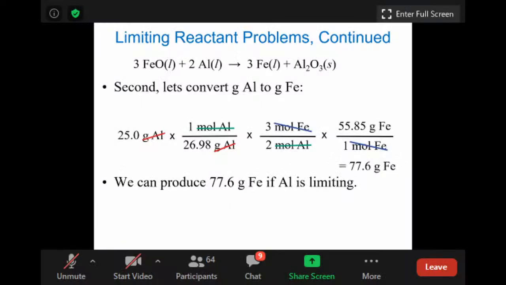So iron is the one that's limiting because it's, no, not iron. What's limiting? It's iron we're trying to make. So iron cannot limit. What's limiting? Aluminum. No. FeO. Look at the reactant.